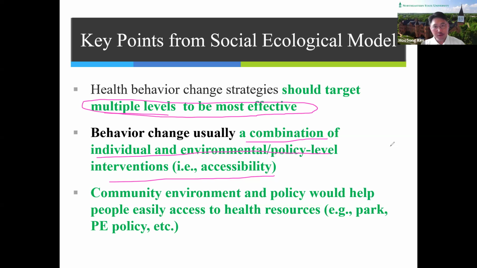But if we do not have a place, environment, or policy, they cannot practice their health behavior. So that's why a combination of individual and environment level interventions is very, very important.